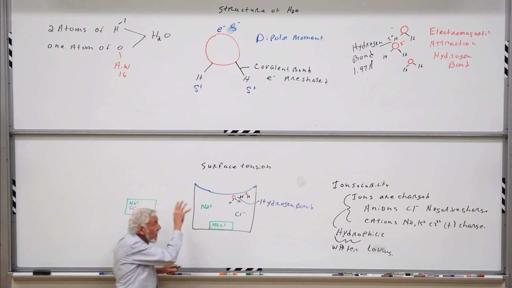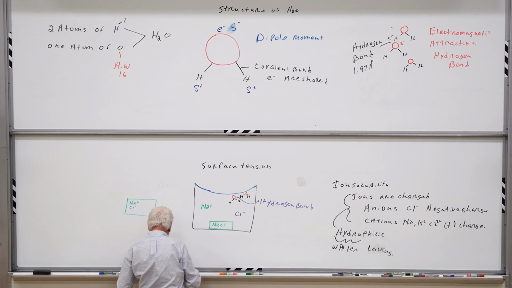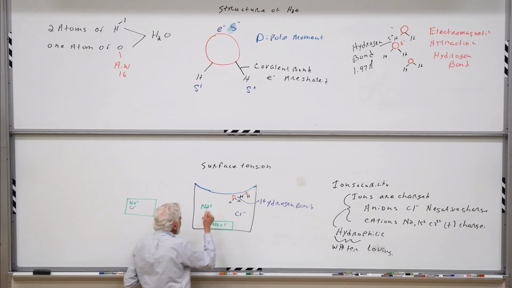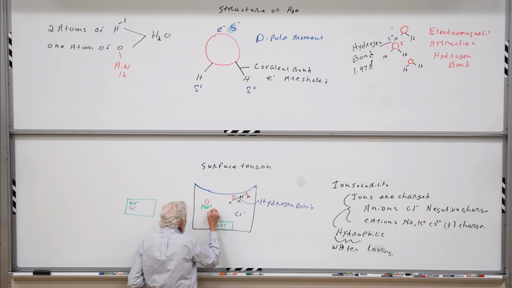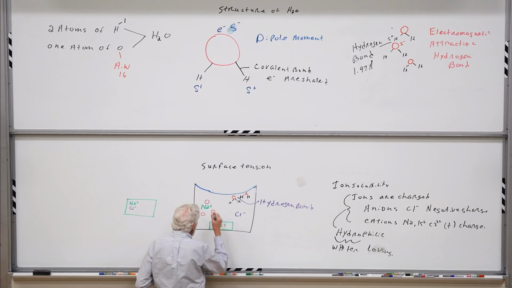But I think you'll recognize that since this sodium is positively charged, it will interact with the water molecule in such a way that the oxygen, the negative charge on the oxygen, is pointed toward the sodium.